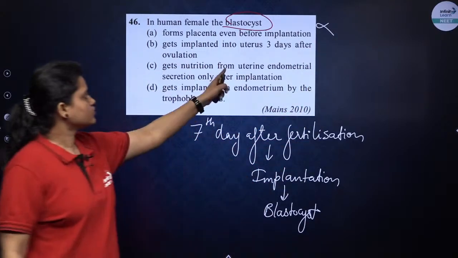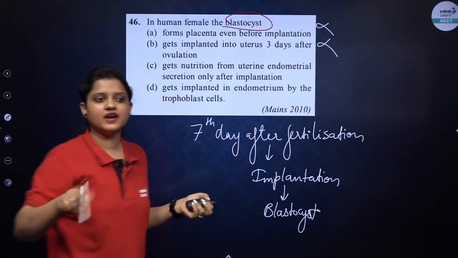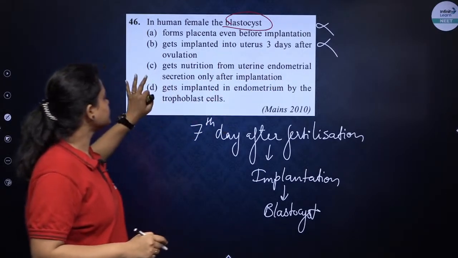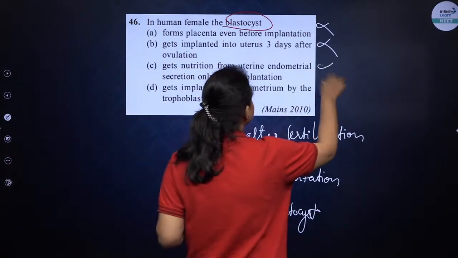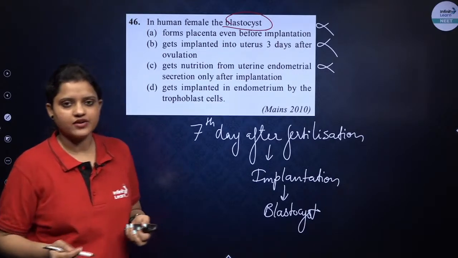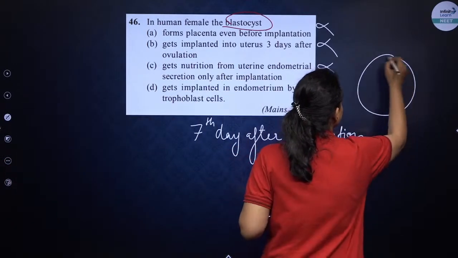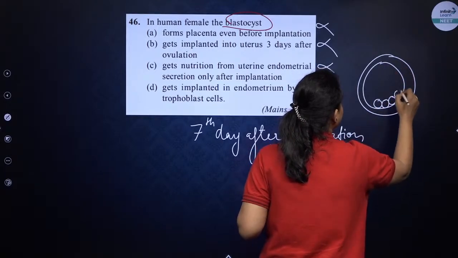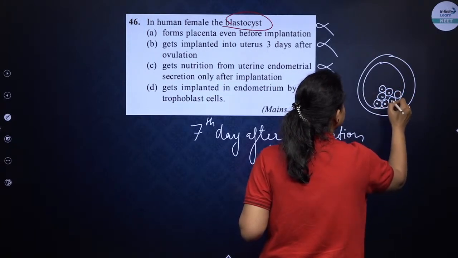Get implanted in the uterus 3 days after ovulation. 7th day after fertilization. Right? Gets nutrition from uterine endometrium secretion only after implantation? No. The trophoblast layer is there, na? The trophoblast layer will give nutrition. Understand, Rishi? The trophoblast layer of the blastocyst. Blastocyst structure will look like this. The cells will be arranged in the periphery together with some cells in the corner, which are known as the inner cell mass.